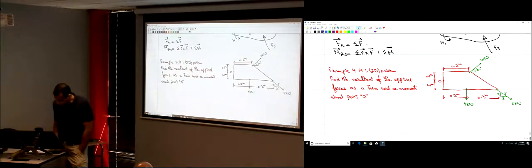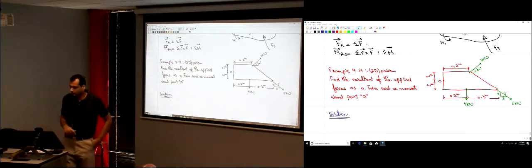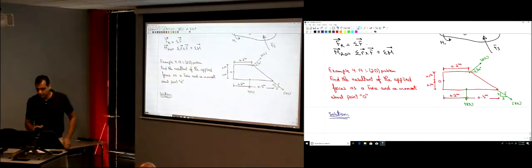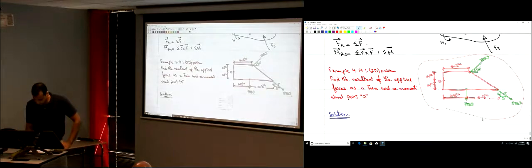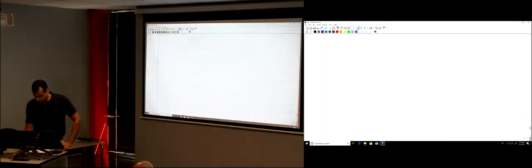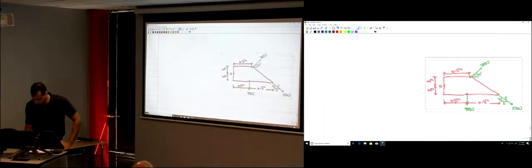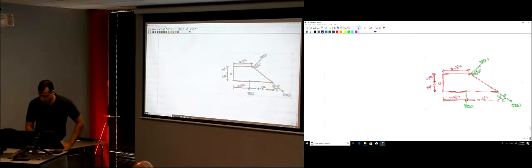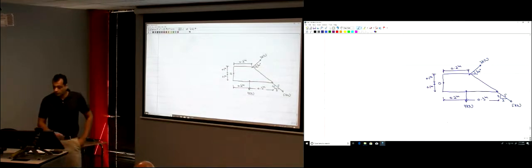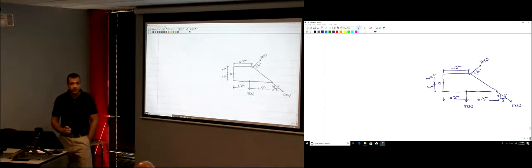So now for the solution. I'm going to start solving it, okay? So I'm just going to copy this and put it here. So I have three forces, okay?